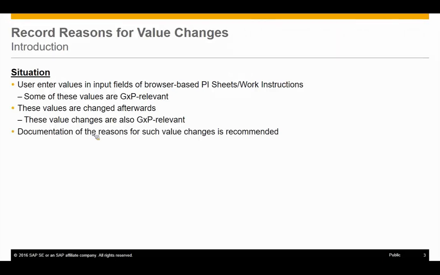And there are some recommendations dealing with such changes of GXP relevant values later on. And they say, okay, when such a change is done, it's recommended to document the reason why this change occurred.